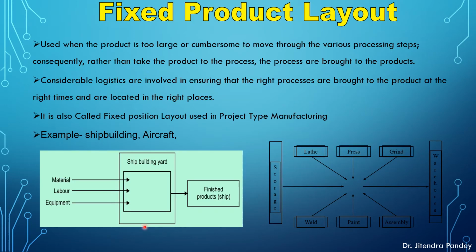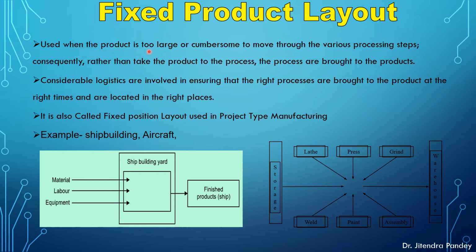Next one is the fixed product layout. In this, product does not go to the machinery but product remains at a fixed position like shipbuilding and other materials. Machine and man come to the place of product and hence product takes a new shape, that is called finished product.